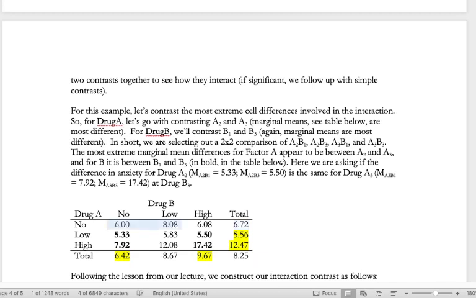So across all these conditions, this is what the average value would be. And similar down here. So drug B, no. If drug A is being held constant, so all of these things are collapsed, the average would be 6.4.